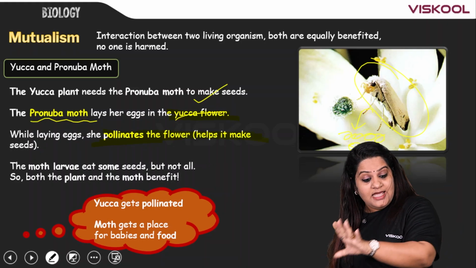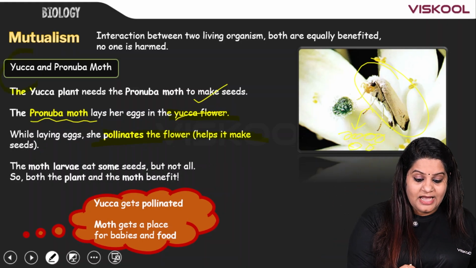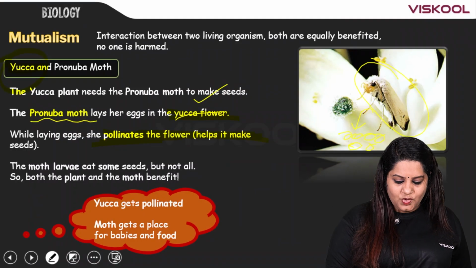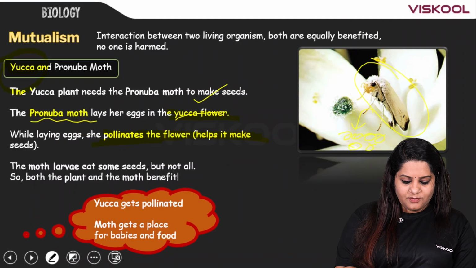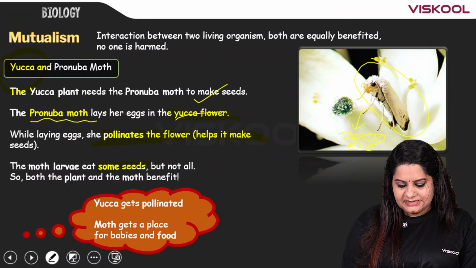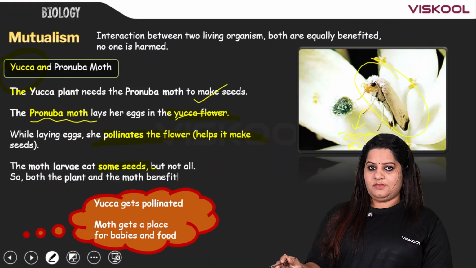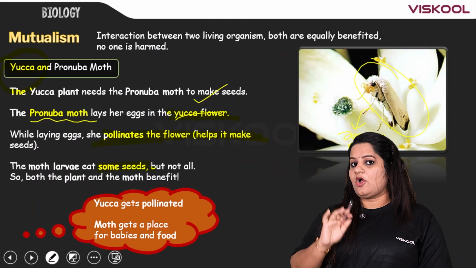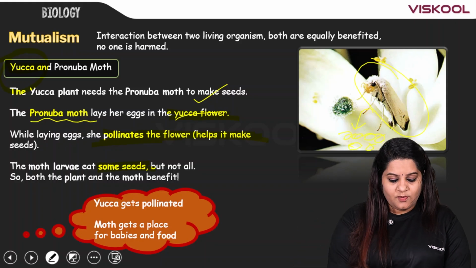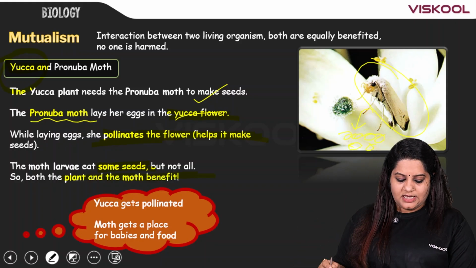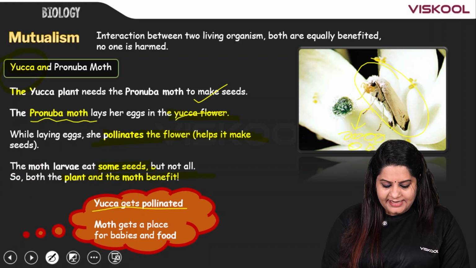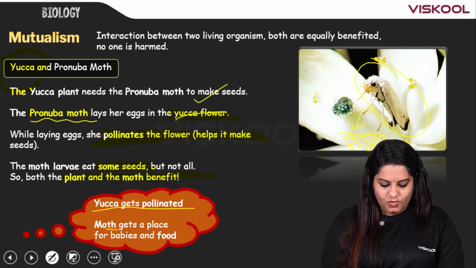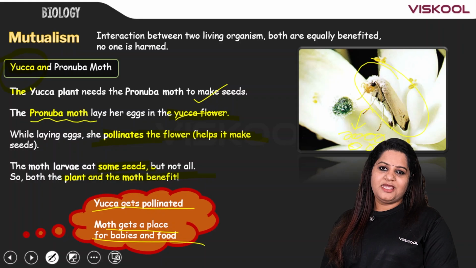This helps our yucca plant. Our yucca plant gets pollinated. So moth larvae eat some seeds, but not all. So both the plant and moth are getting benefited here. Yucca gets pollinated and the moth gets a place for its babies and food.